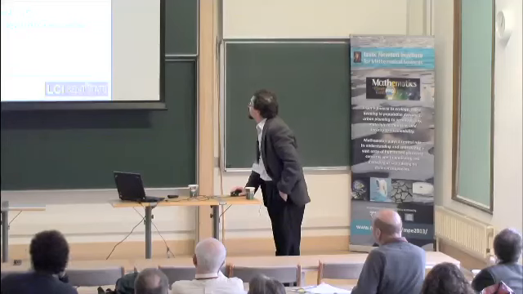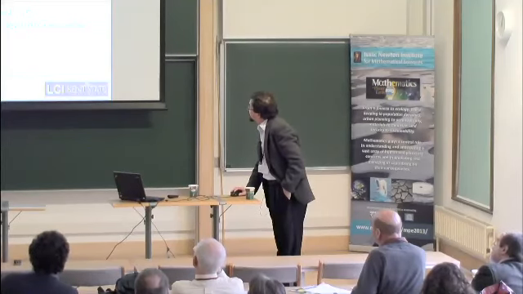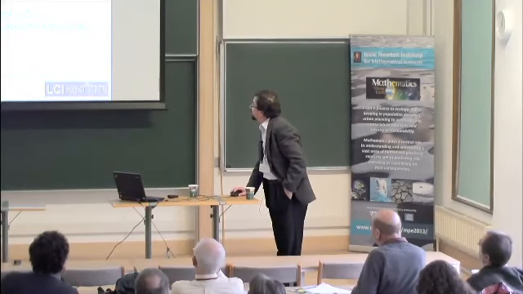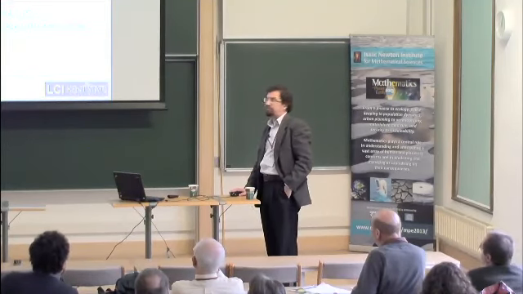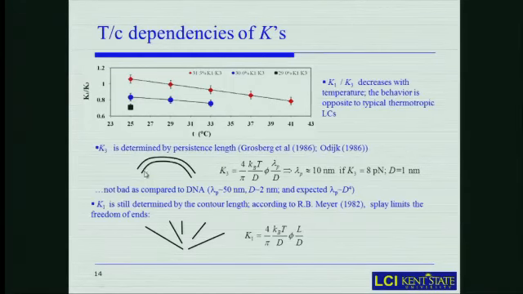And there is a theory that explains K3 in terms of the persistence length of the chain or of the aggregate. As you change the temperature, it doesn't look like this quantity needs to change much, so we'll just take this estimate as it is.